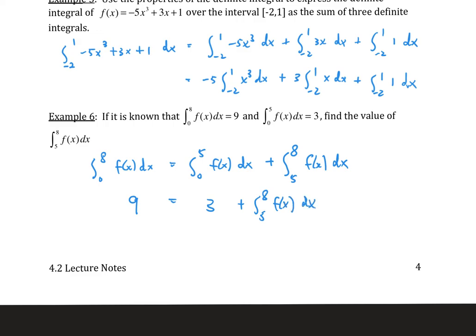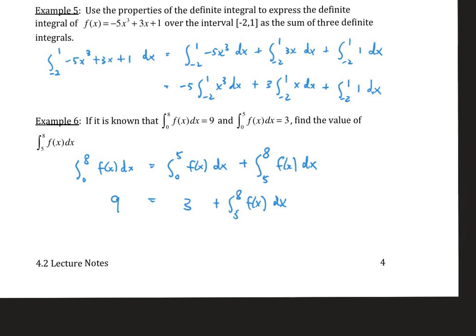All I need to do is subtract 3 from both sides, and this tells me that the integral from 5 to 8 of f of x dx is going to be equal to 9 minus 3, which is equal to 6. Let's just put units squared just so that we recognize it's an area.